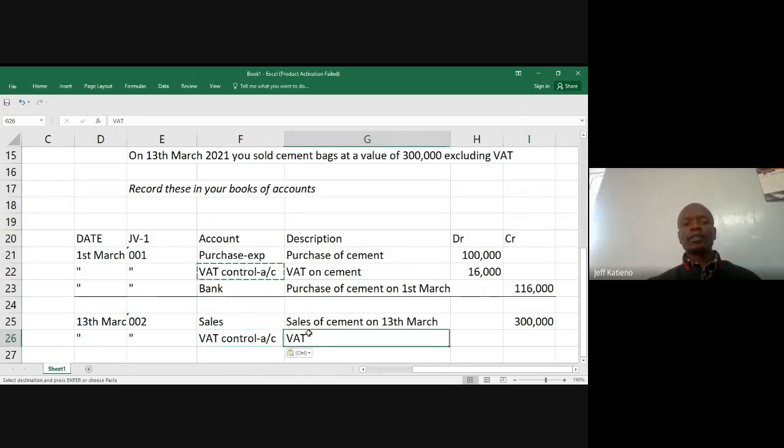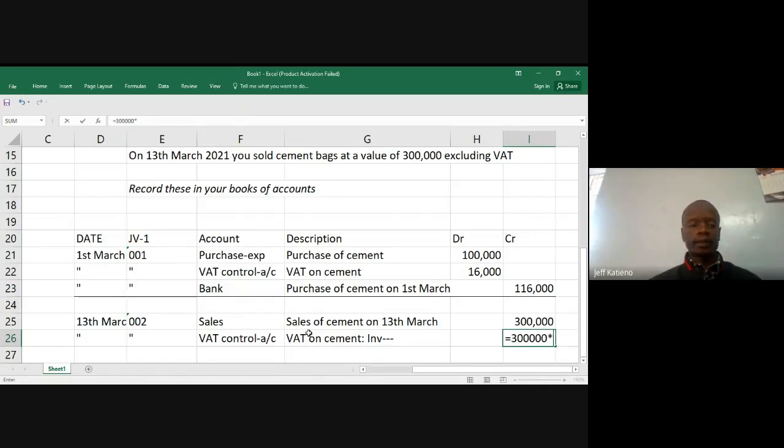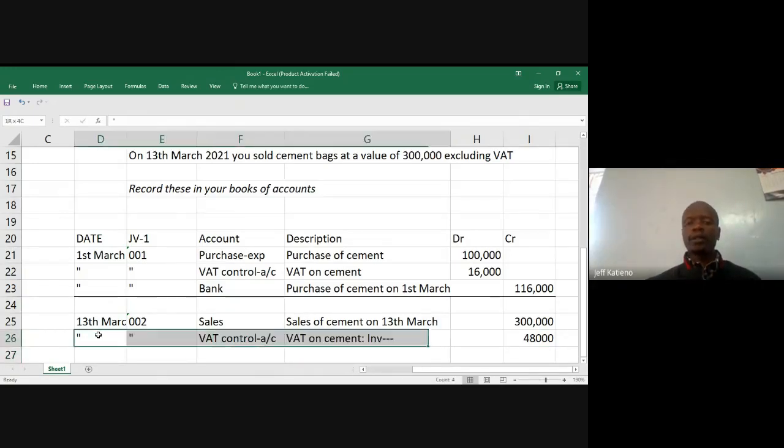Then you'll have VAT on cement, and something like an invoice number. So this one will be 300,000 times 16%, which gives you 48,000. So that is the end of your entry.